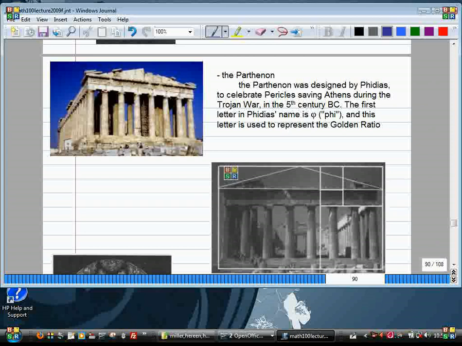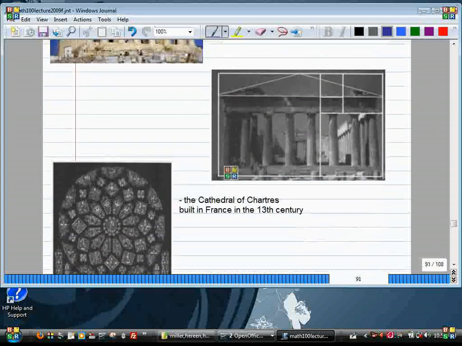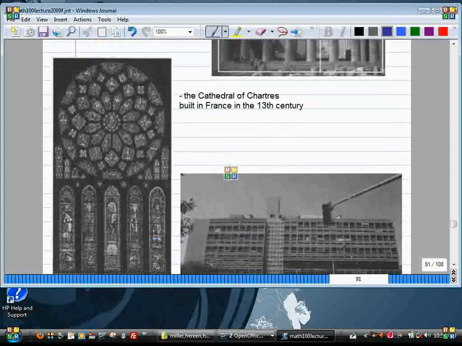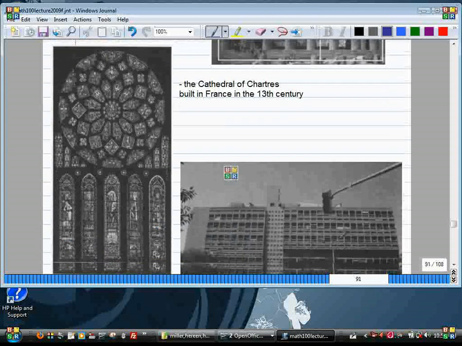Here's another golden ratio that looks really pretty. The Cathedral of Chartres, from 13th century France. So there we go. This actually is a great example because you can really see the golden ratio here.